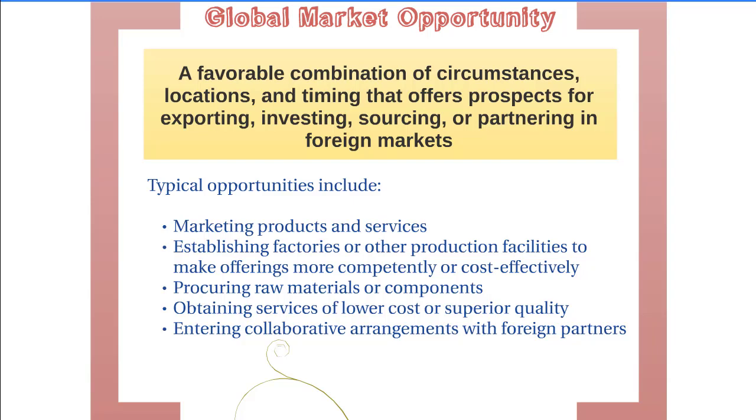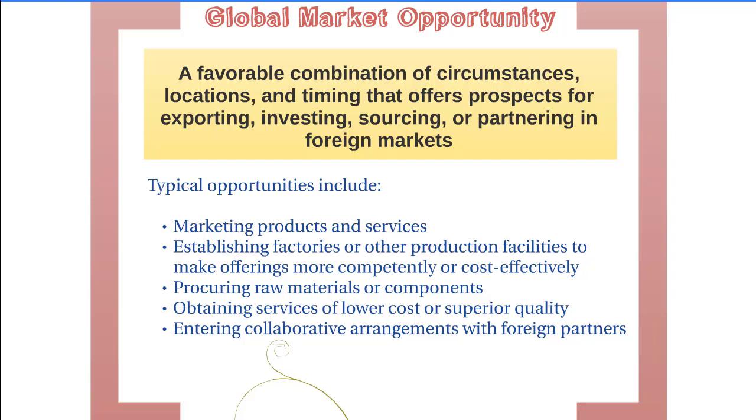And the typical opportunities, as you can see on the slides, for instance, once a company chose the locations, it may perceive opportunity to sell its products and services, establish factories or other production facilities to produce its offerings more cheaply or more competently, procure raw materials, components, or services of lower cost or superior quality, or perhaps enter beneficial collaboration with foreign partners.